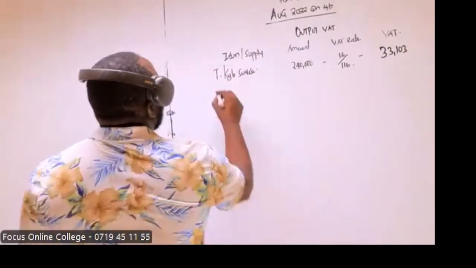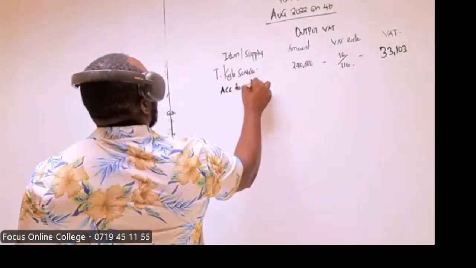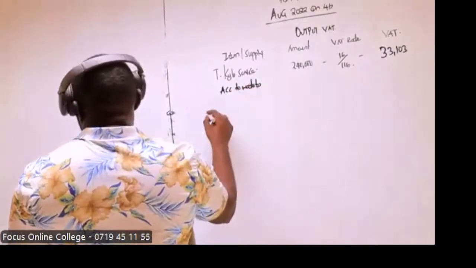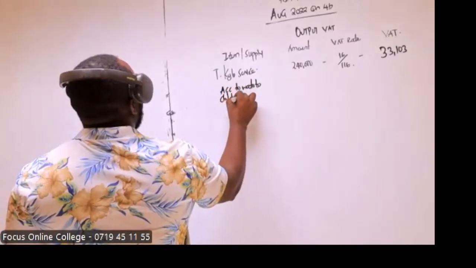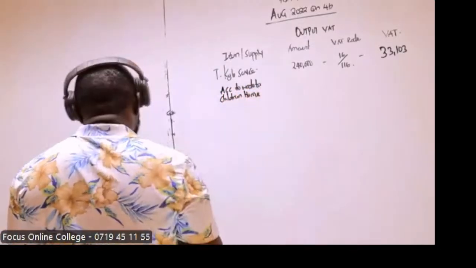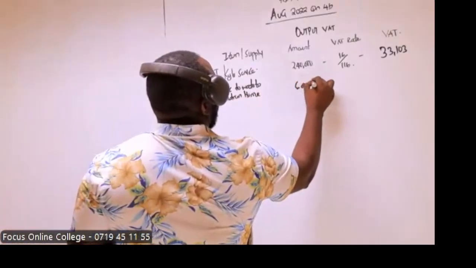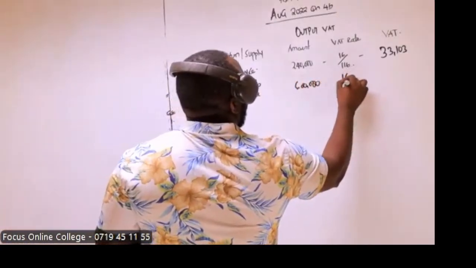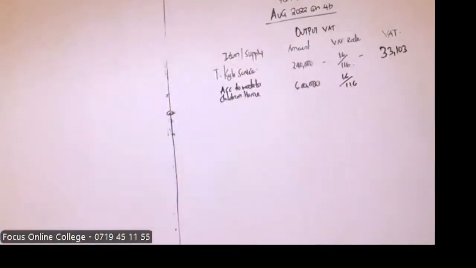Accountancy to a total, Children's Home. I know some people say that this is exempt. No. When they say children's home, that does not specifically mean that it is a charity. So that should be 600, 16 over 116. Get that for me.